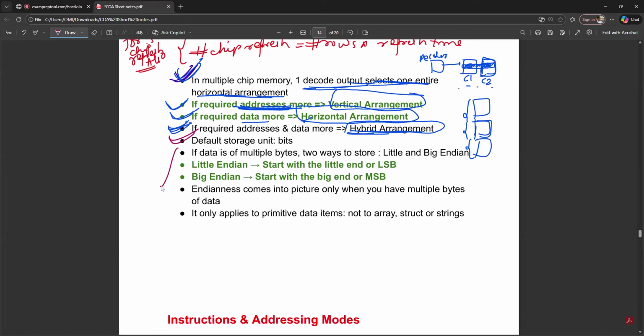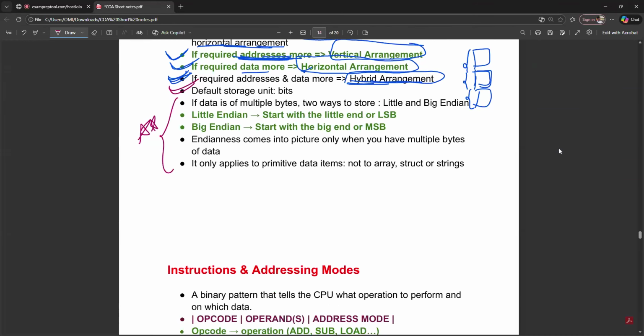Now, this is the main point. If data is of multiple bytes, there are two ways to store: little endian and big endian. What is little endian? It starts with the little end or LSB. What is big endian? It starts with the big end or MSB.